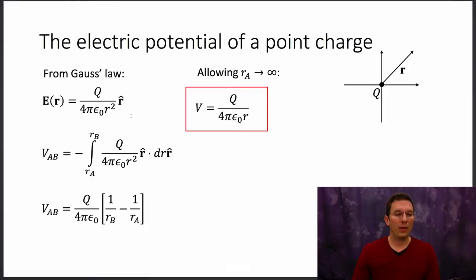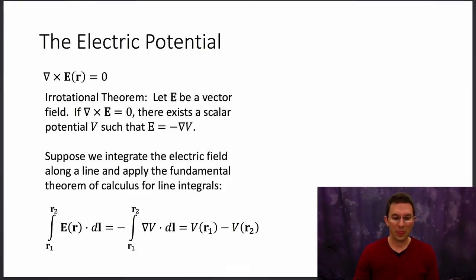Well, let's find the potential difference between two points in space due to this electric field. Again, we're just using the definition from the previous slide that this potential difference is equal to the line integral of the electric field.